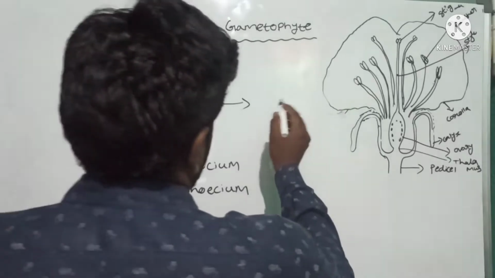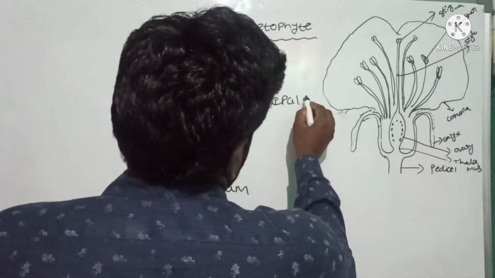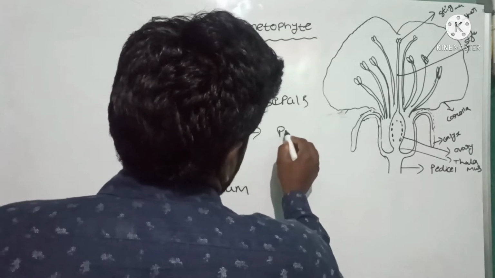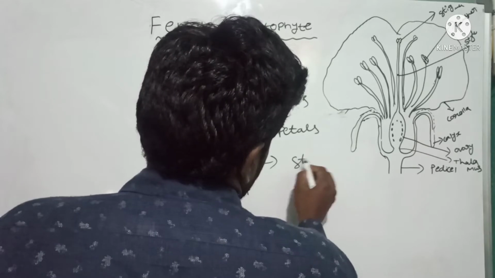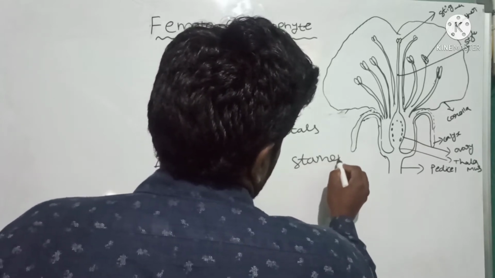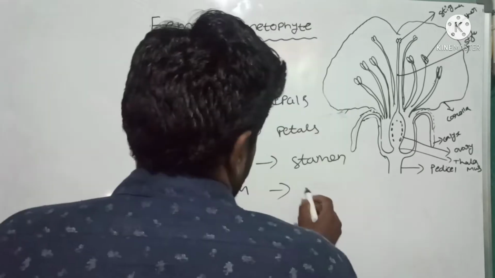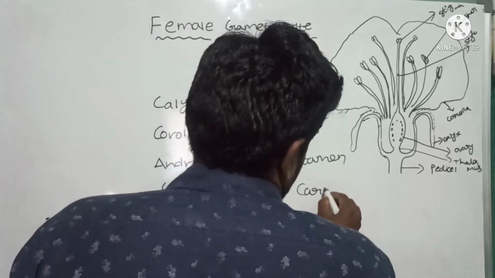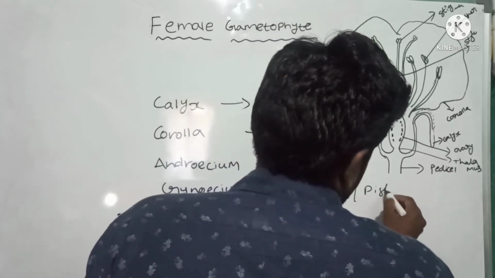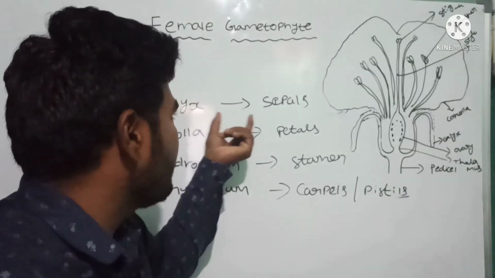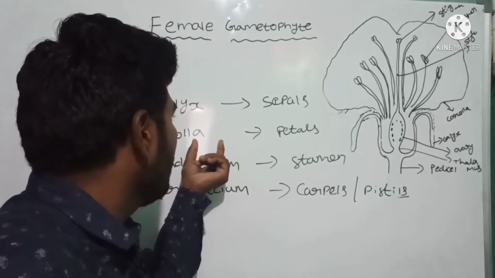So let us see: sepals and petals, stamen, this is the ovary, styles, carpels or pistil. A group of sepals we call calyx, and a group of petals we call corolla.